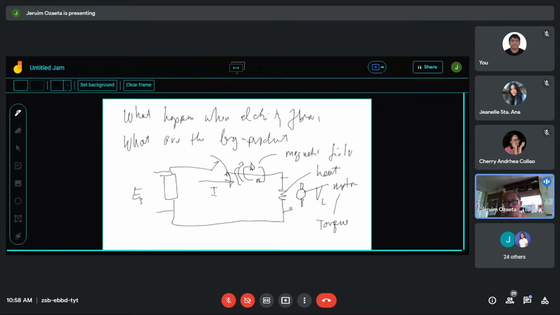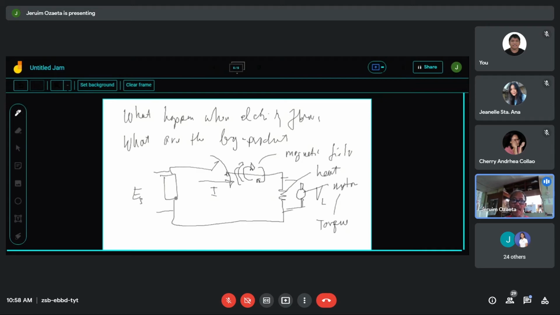Iikot, siyempre motor mag-produce ng torque. So, it is always a coexistence of magnetic field, heat, and mechanical work as electricity passes.